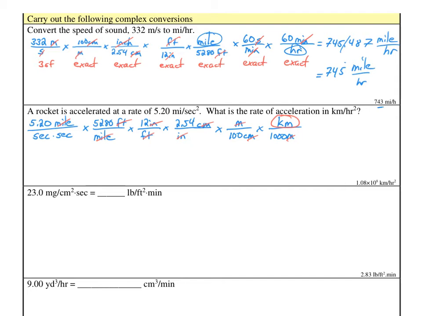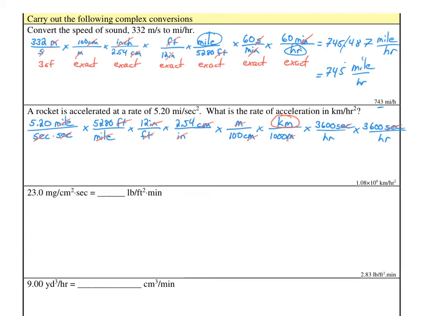Now we can focus on the denominator. We want to cancel out units of seconds twice and end up with hours times hours. An hour is 3,600 seconds, 60 times 60. So we see seconds cancel twice and hours appear twice.